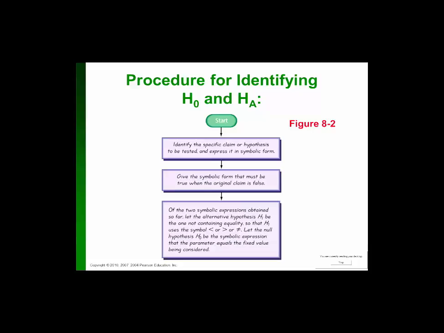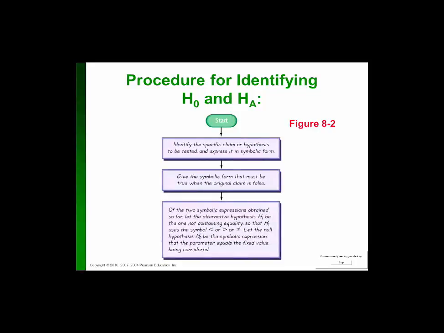And then of those two expressions, you let the alternative hypothesis be the one that doesn't include an equal in any way, shape, or form, so that the alternative hypothesis just has less than, greater than, or not equal to in it. And then you let the null hypothesis be the symbolic expression that the parameter, whether it's proportion or mean, equals something.